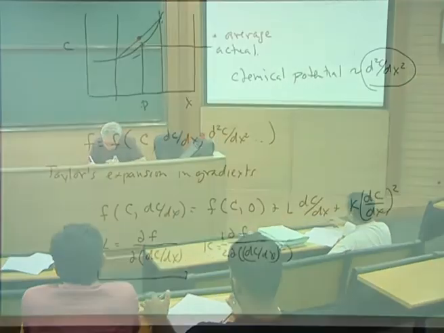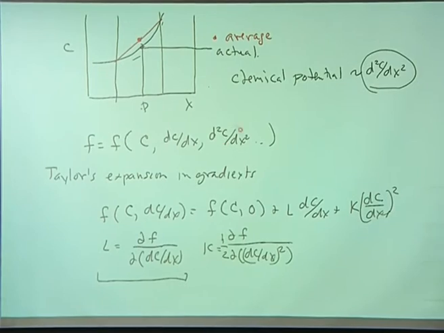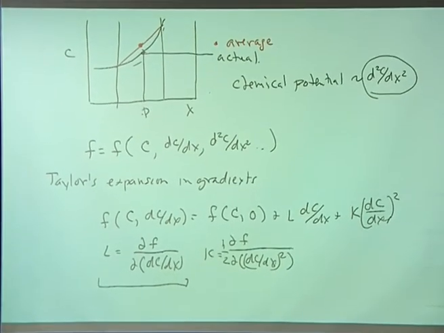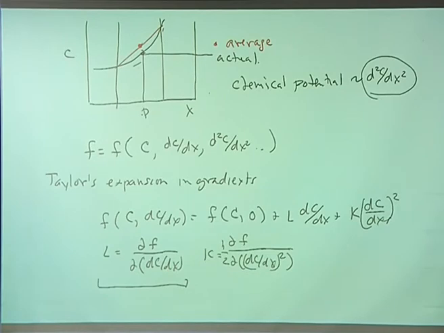Sorry. You could put this term in here, you actually could. That's what we are doing here: we are trying to write the free energy function in terms of its first and second order derivatives. Right, exactly. So you're suggesting that we could put this in.